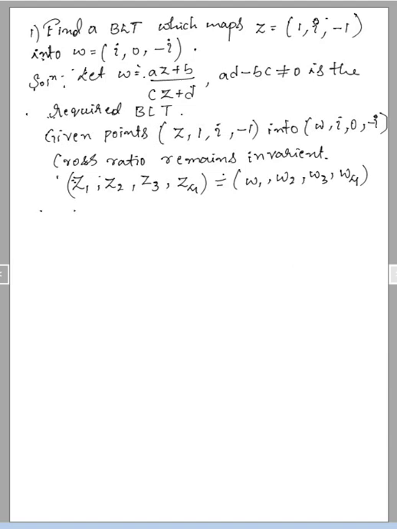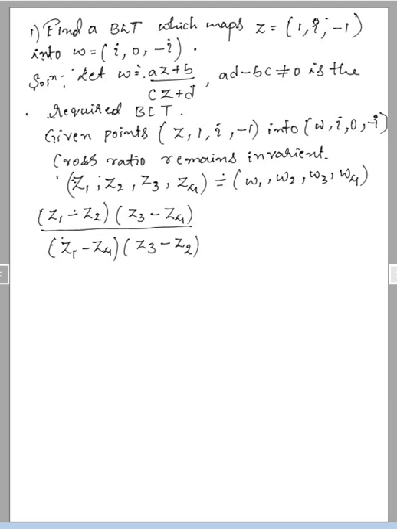Now applying the cross ratio definition here, Z1 minus Z2 into Z3 minus Z4 whole divided by Z1 minus Z4 into Z3 minus Z2 is equal to W1 minus W2 into W3 minus W4 whole divided by W1 minus W4 into W3 minus W2.